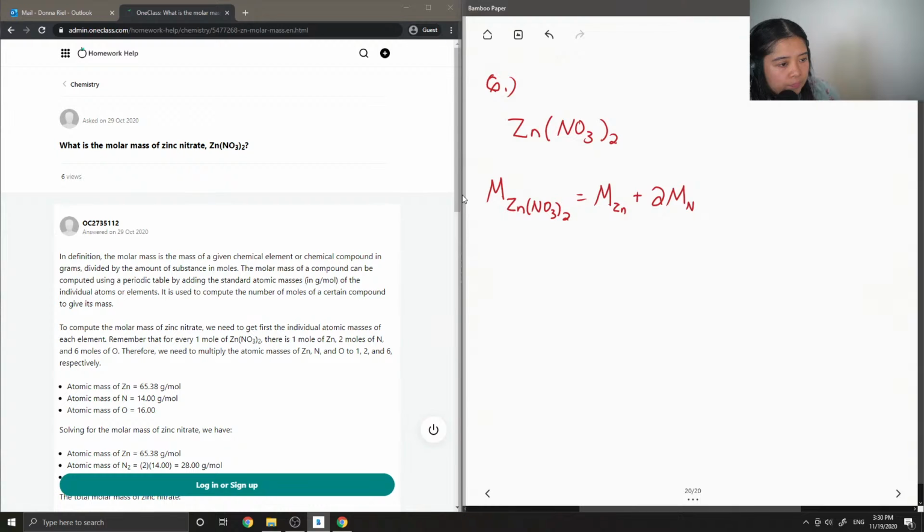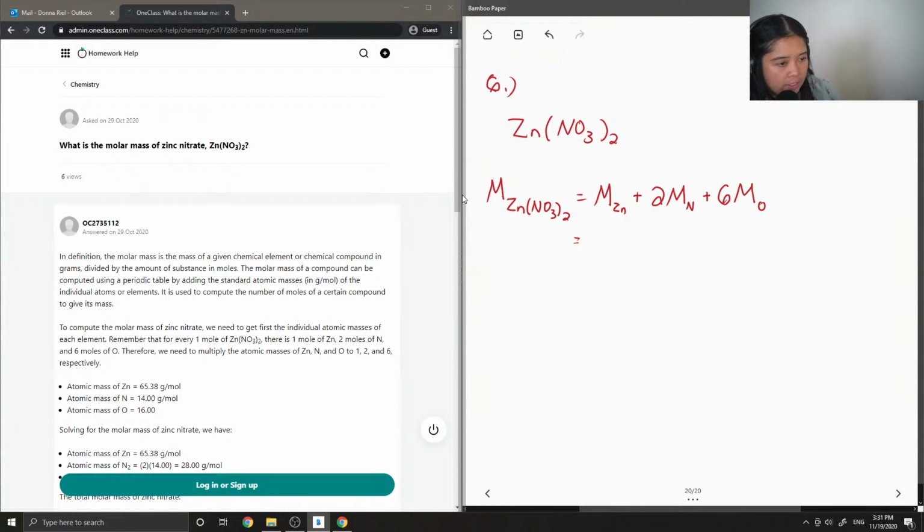And then finally, in NO3, there are 3 oxygen atoms, but again, there are 2 NO3 ions. So there are a total of 6 oxygens in zinc nitrate. So I'm going to multiply the molar mass of oxygen by 6. Okay, so now I can plug all their values in.